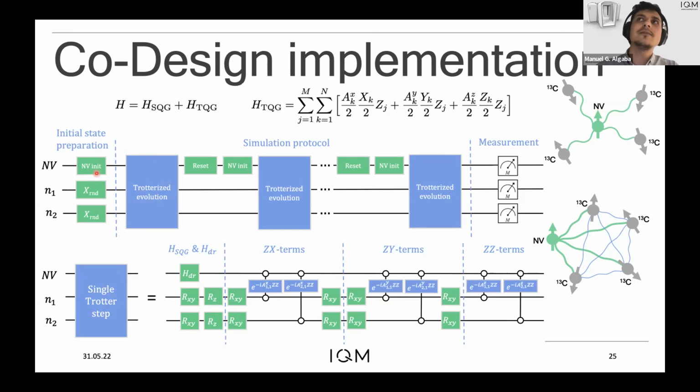If it were not a continuous driving, but a pulse driving, then the initial state would probably change. But we are just explaining here the continuous driving, even though we also implemented the pulsed driving. So here, for simulating the thermal state, we used on the nuclei this kind of random X Paulis that are going to switch your initial state from 0 to 1 randomly.